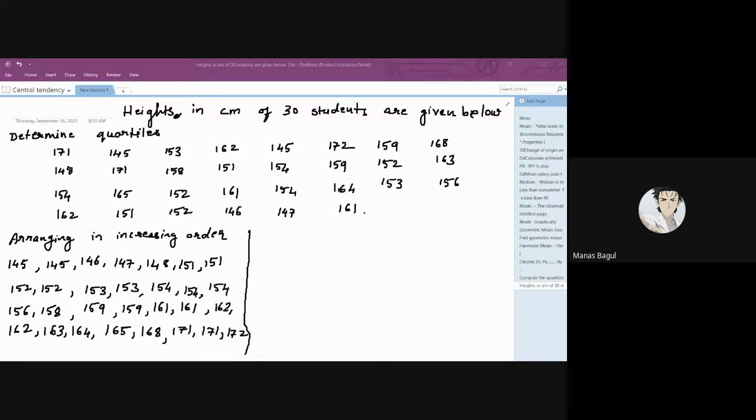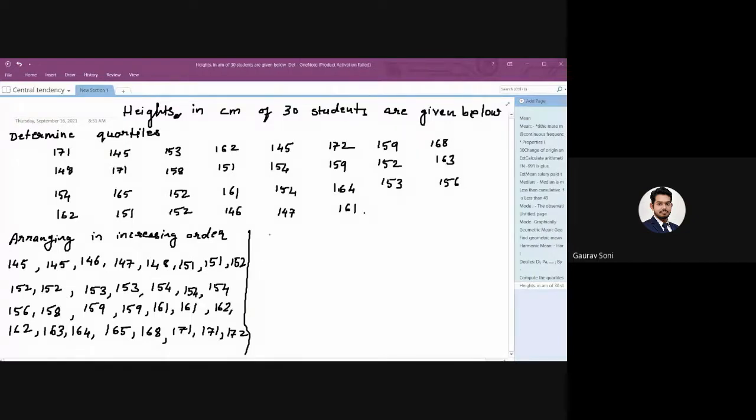There are a total of 30 observations and there are 29. One is missing, so there should be one more 152. Yes, there are three 152s. Now it is correct.